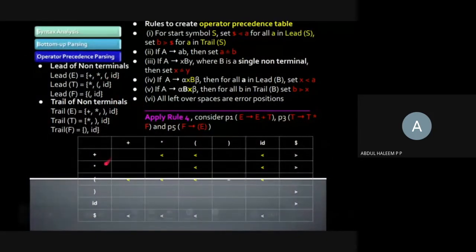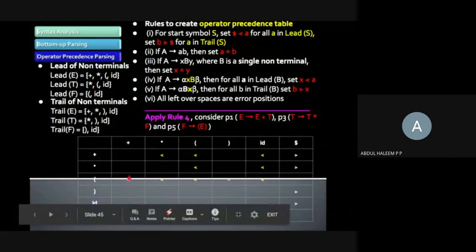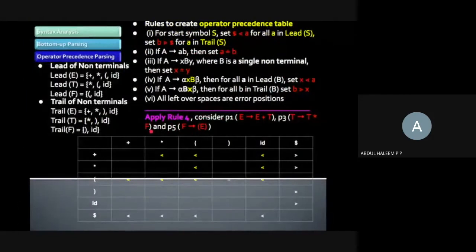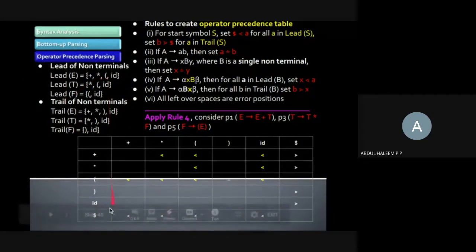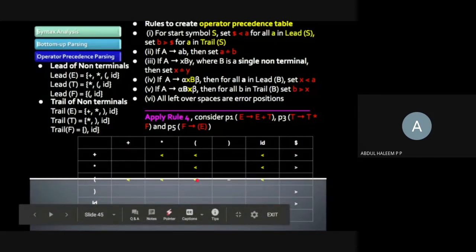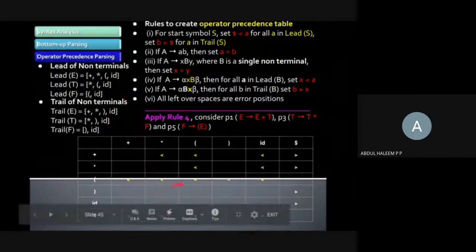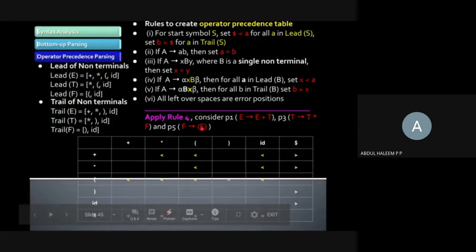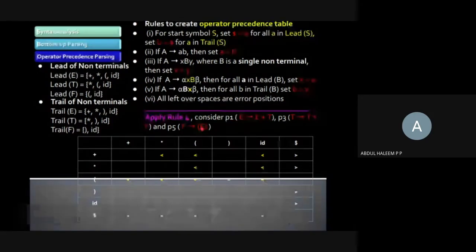So left bracket is less than plus, left bracket is less than star, left bracket is less than itself, and left bracket is also less than ID. So we have filled these three sets of positions corresponding to P1, P3 and P5 as per rule number 4.